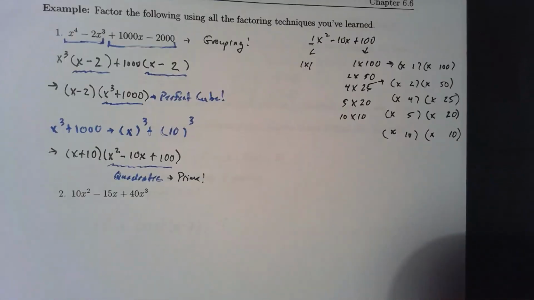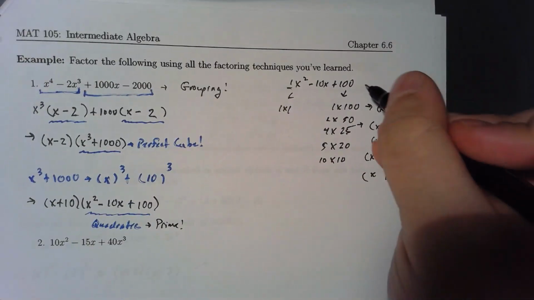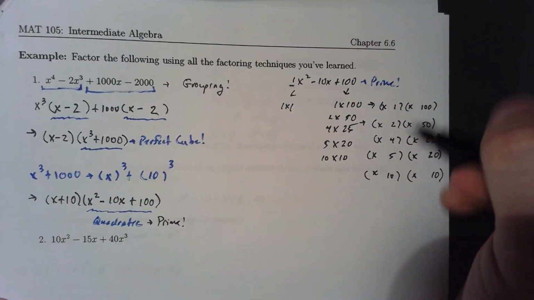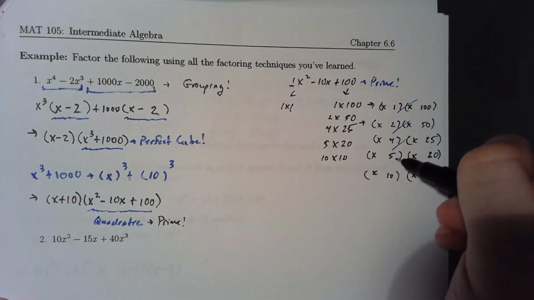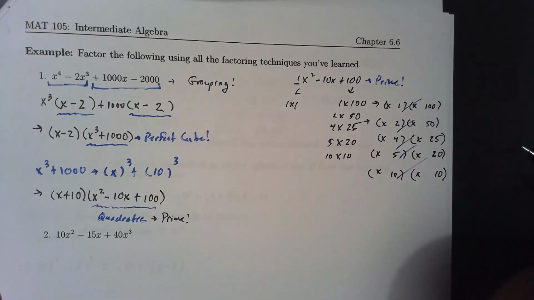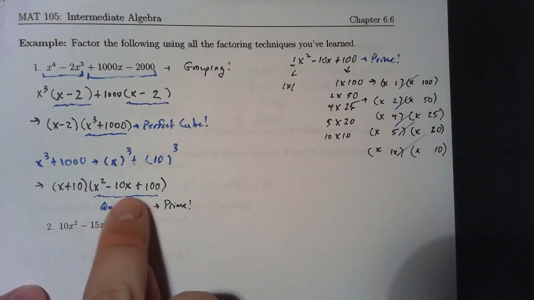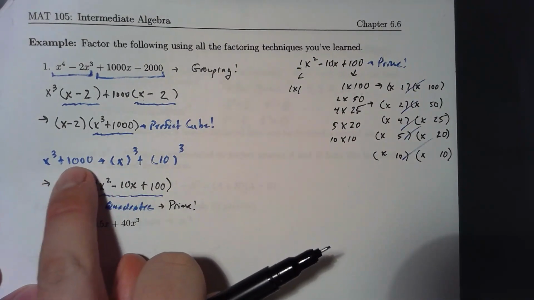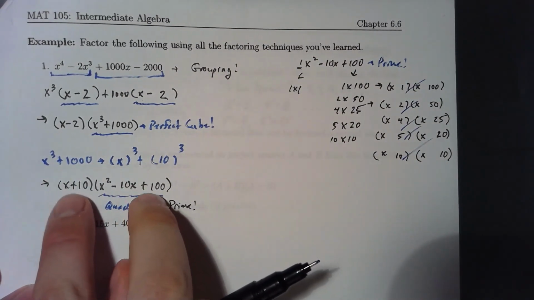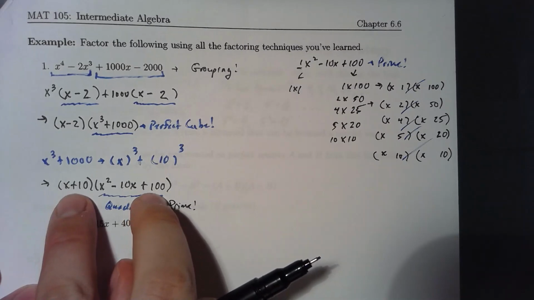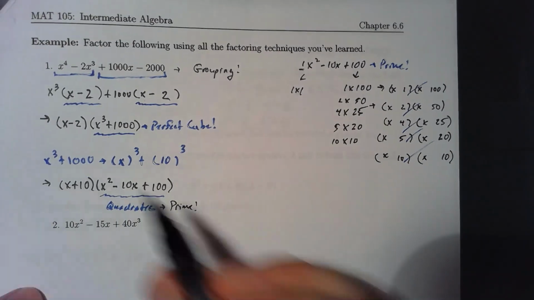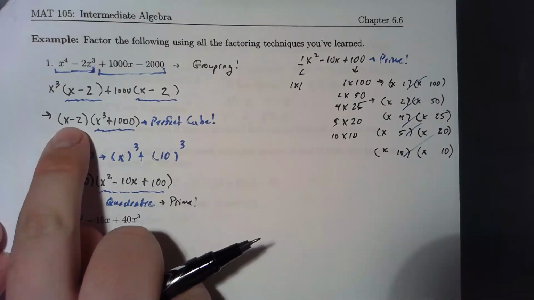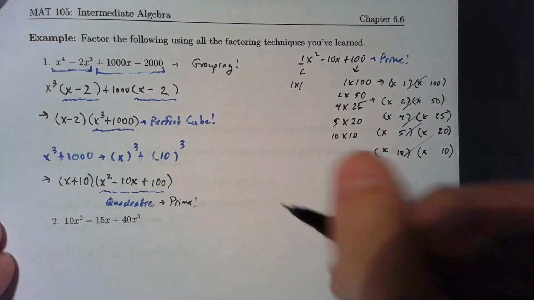So since that doesn't factor, this is prime. None of them work. So because that's prime, this doesn't factor. So this sum of cubes only factors to these two right here. So the factors of the whole thing, I just have to tack this on to this, and then I have all my factors.